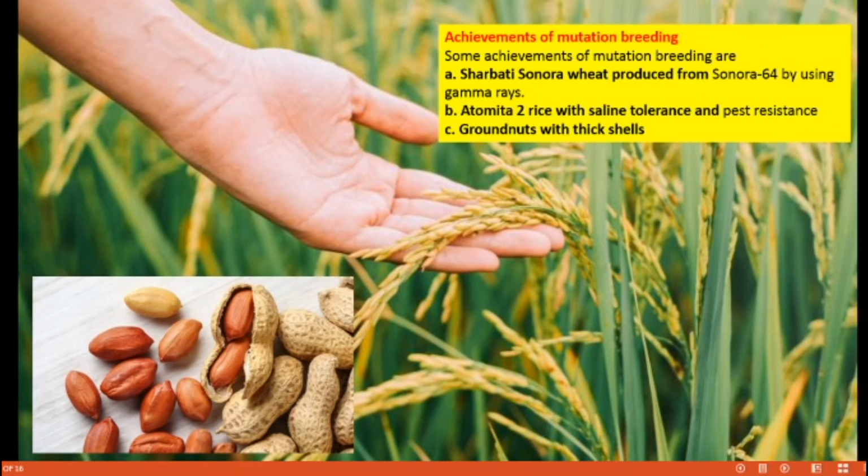And pest resistance. Pest resistant means they are able to survive and pests may not affect the plants. And a groundnut crown with a thick shell. It means the groundnut is big and in good condition because of mutation breeding, but it is not all plants, only some of the mutated plants.